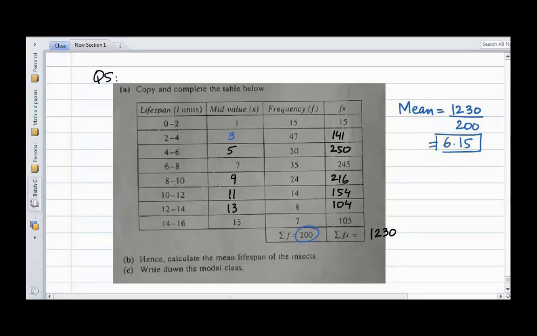If the question says modal class, the highest frequency is 50, right? So mode is 4 to 6. That is your mode. So you will write your mode answer as 4 to 6. That's how it is mentioned in the question.